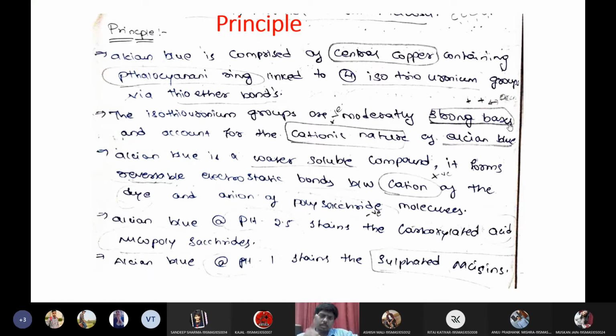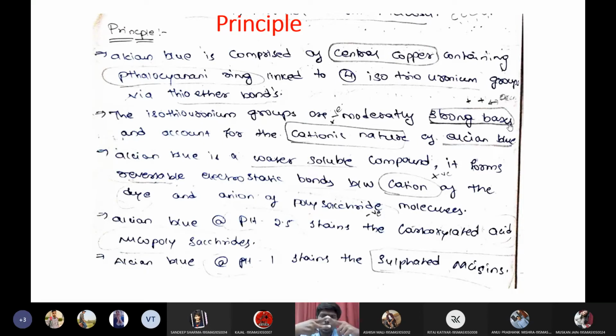Now, there is one important point. There are two types of mucopolysaccharides. One is acid mucopolysaccharides, and the second one is sulfonated mucopolysaccharides. Sulfur containing mucopolysaccharide and acid containing mucopolysaccharide.